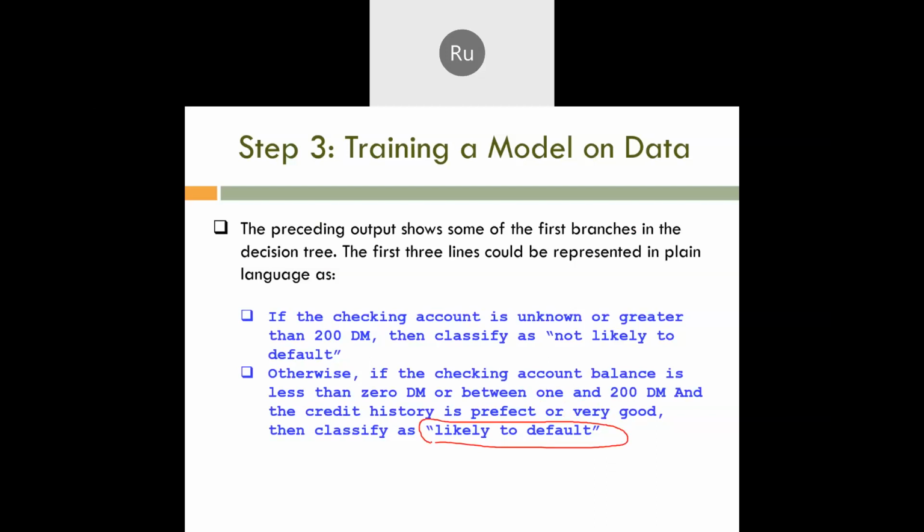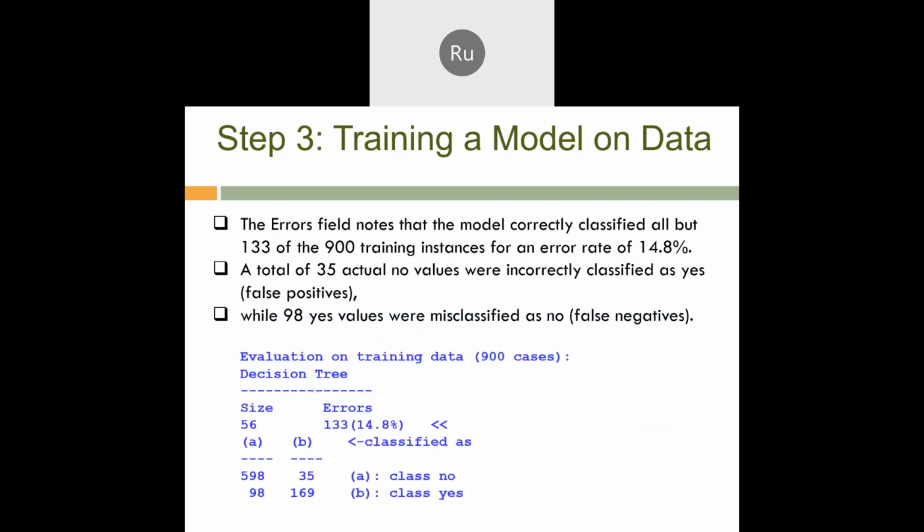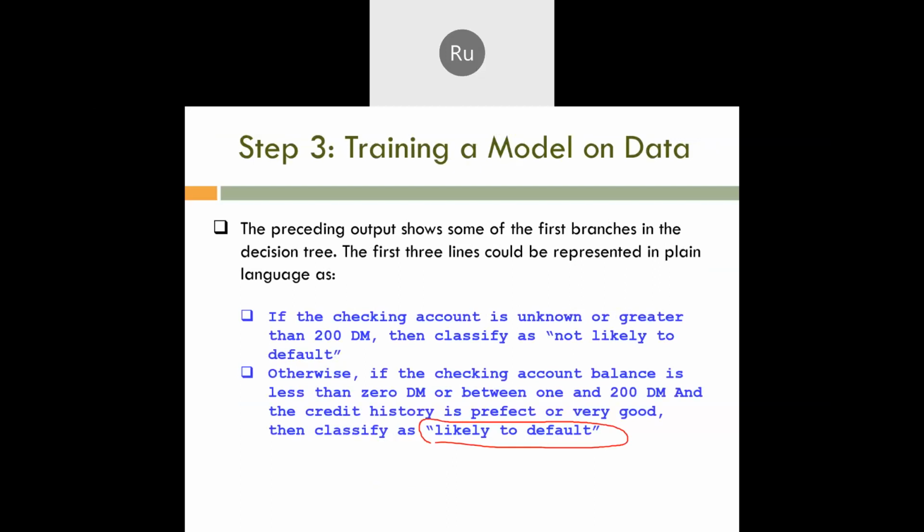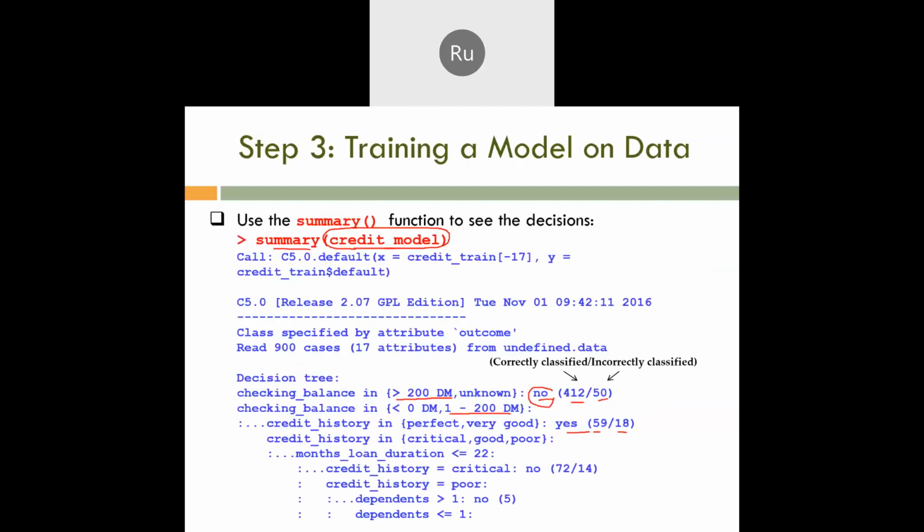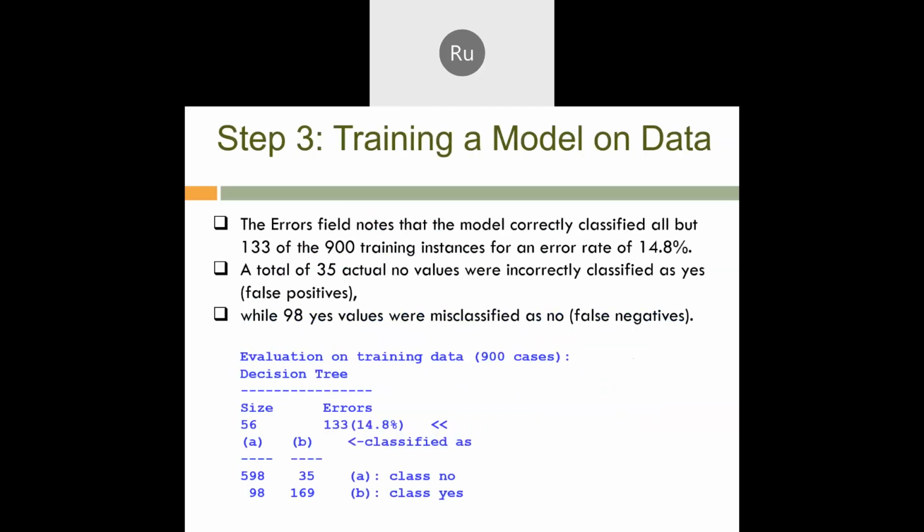So this is found based on history data. That is some of the knowledge or tips that we can get from this decision tree.